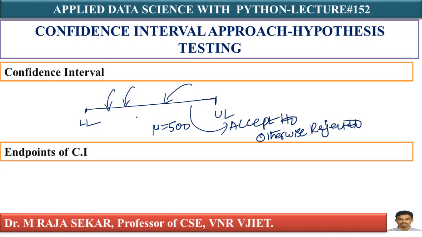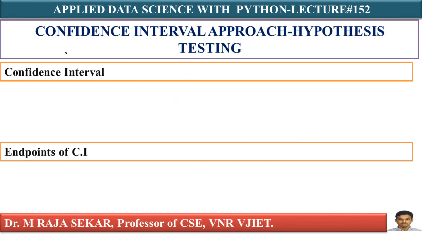Actually, H naught should be rejected if mu naught happens to be equal to one of the endpoints. What does it mean? I will repeat. I am talking about the endpoints of the interval.